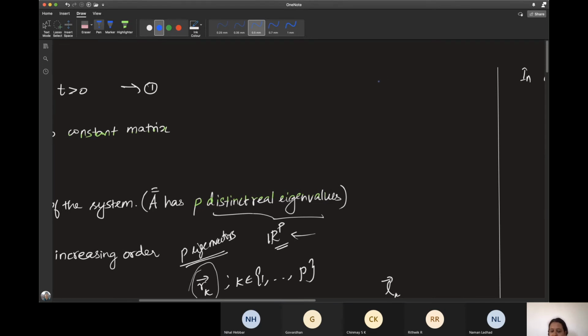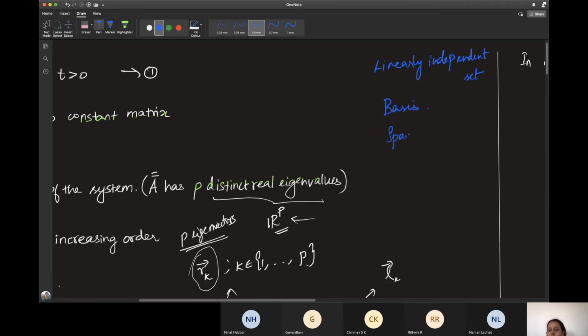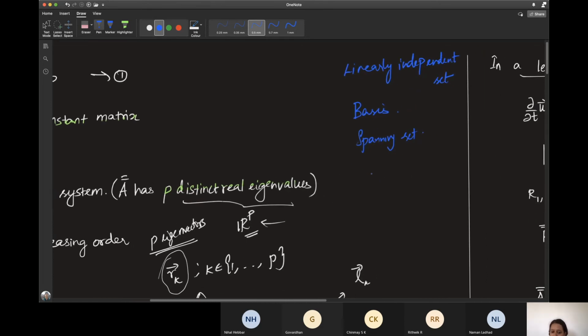Yeah, I'll introduce something from linear algebra. You have something known as a linearly independent set, bases, and spanning set. I'm doing it in just 2D, okay?